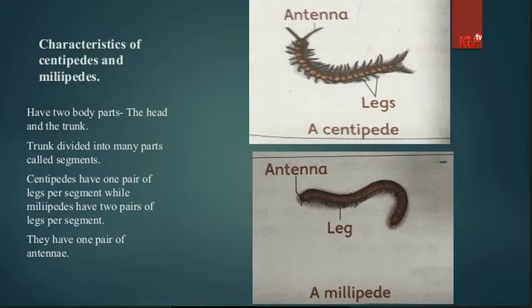Remember, also in spiders, we say that spiders and ticks have their bodies divided into two main parts, that is head and abdomen. But in centipedes and millipedes, their bodies are divided into two main parts, which are the head and the trunk.